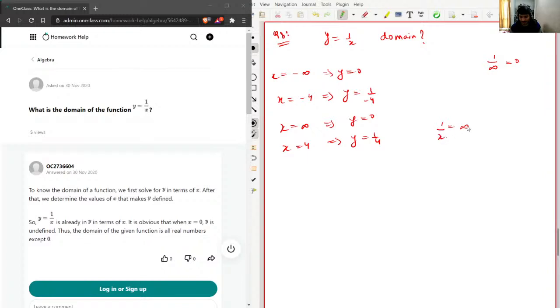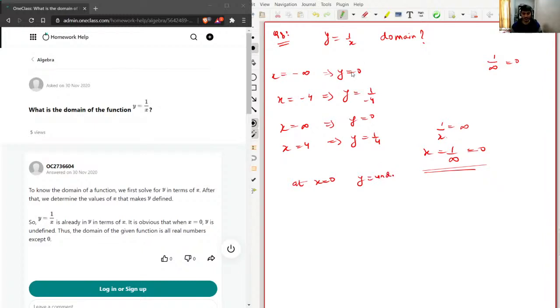If I just multiply both sides with infinity and with x, I can get x equal to 1 over infinity, which is 0. That means that at x equal to 0, our denominator is 0, so y will be undefined.